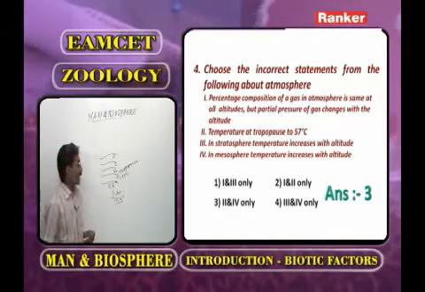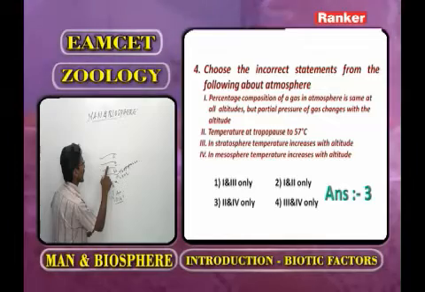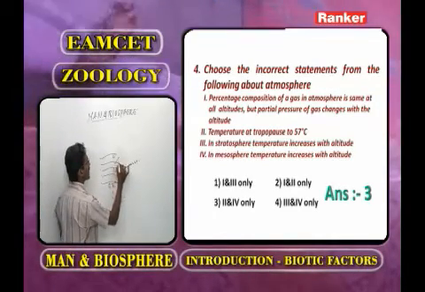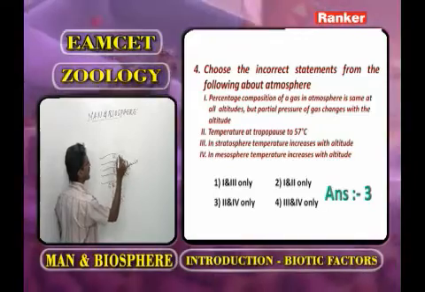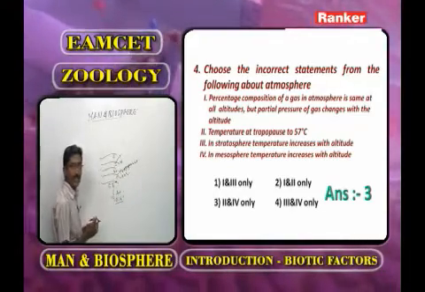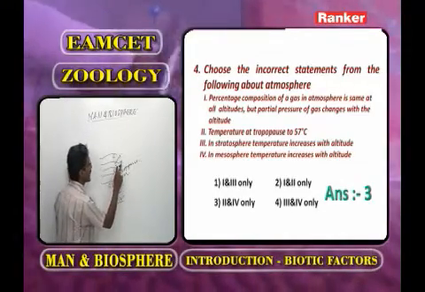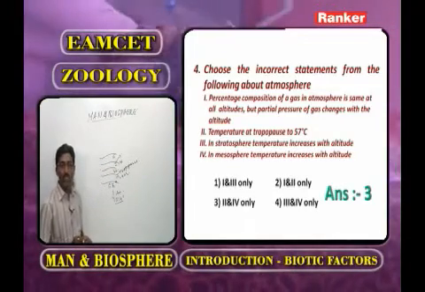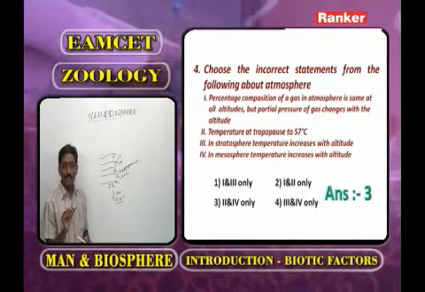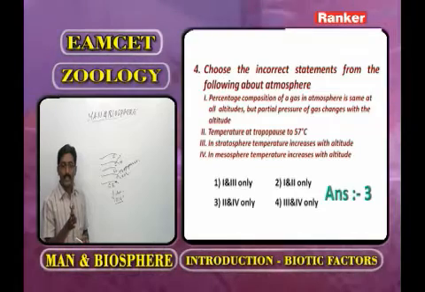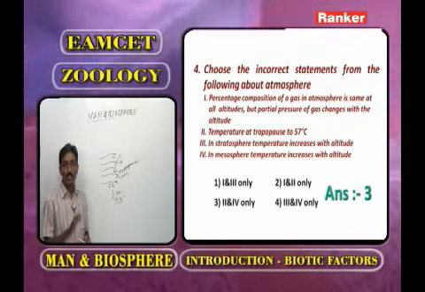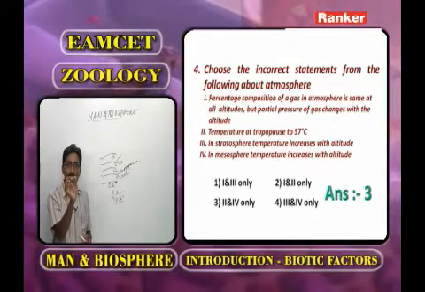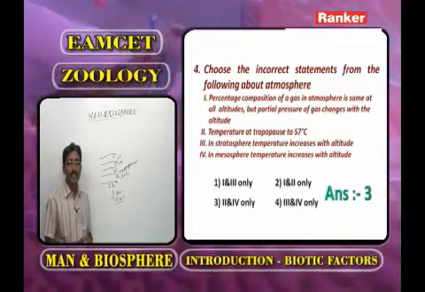This is the ionosphere, in which two layers are present: one we call the mesosphere, the second the thermosphere. The statement regarding the mesosphere: temperature increases with altitude. No. In the mesosphere, as altitude increases, the temperature decreases.